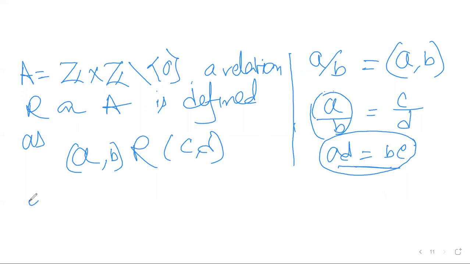Sorry, I didn't write it correctly. R is a relation defined on the set A as: a comma b is related to c comma d if ad equals bc.